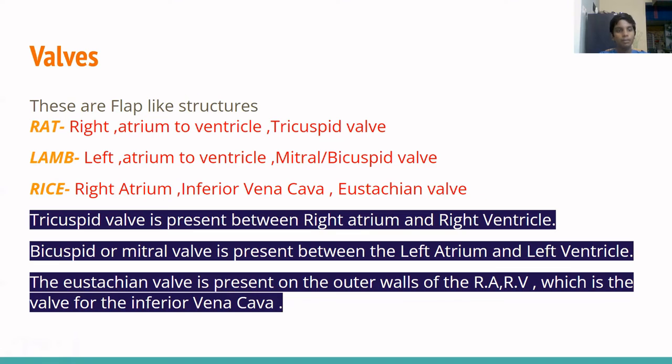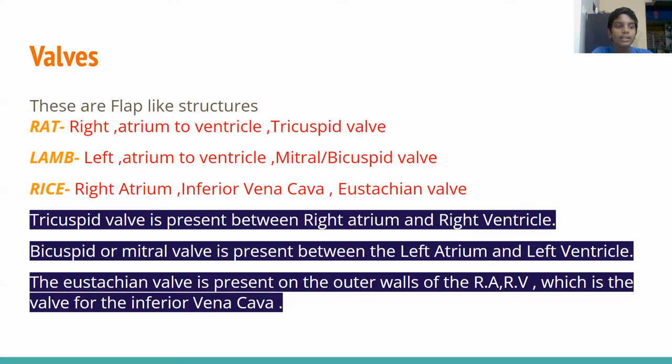Next one is lamb. Left atrium to ventricle, mitral bicuspid valve. So this lamb signifies that there is a valve which is known by 2 names, mitral and bicuspid. And this is present on the left side between the left atrium and left ventricle.